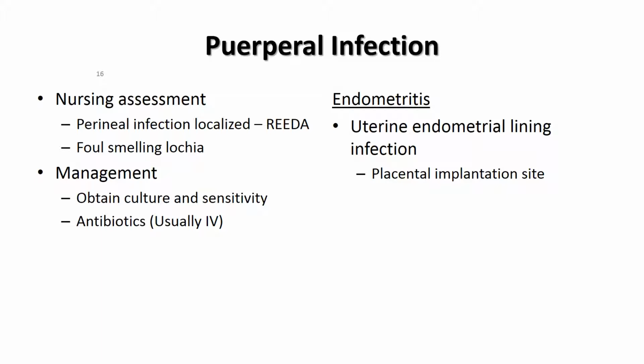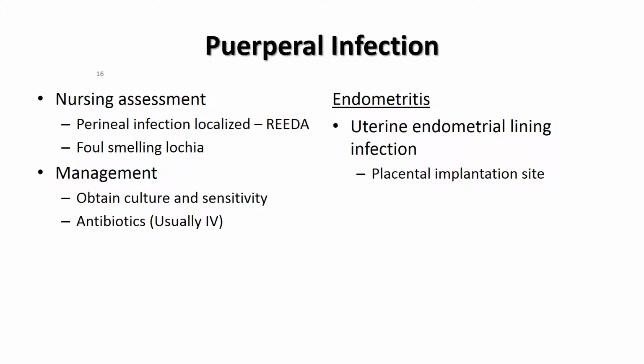So nursing assessment for infection includes an oral temperature of 100.4 or greater for 2 consecutive 24-hour periods. Perineal infection, we need to be looking for localized redness, foul smelling drainage, and REEDA.